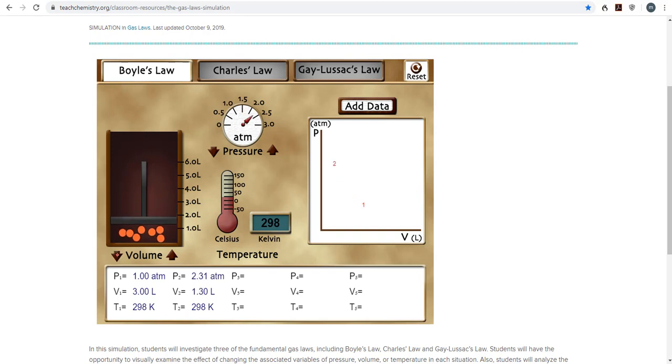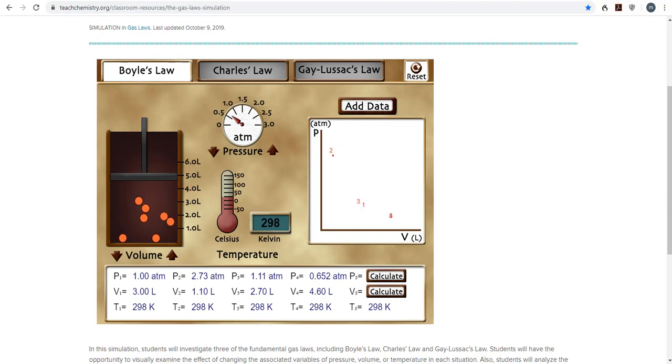Now if we wanted to, we can go ahead and plot a graph relating pressure and volume. So here I'm plotting an increase in volume results in a decrease in pressure.